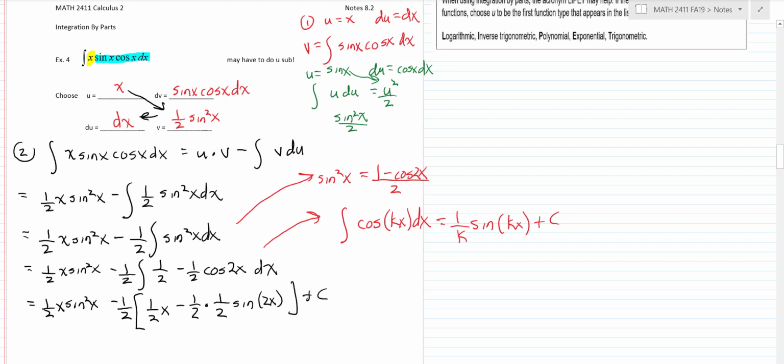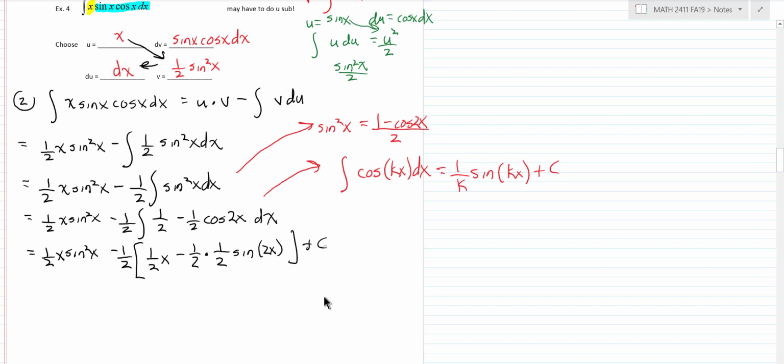Now we just need to clean this up, multiply everything out, and then we'll have our answer to our integral. So I'm going to bring this down. OneNote just messes up. Okay, let's try again here.